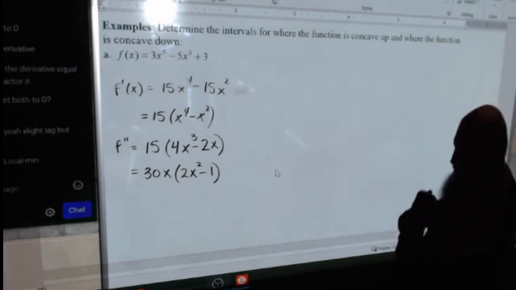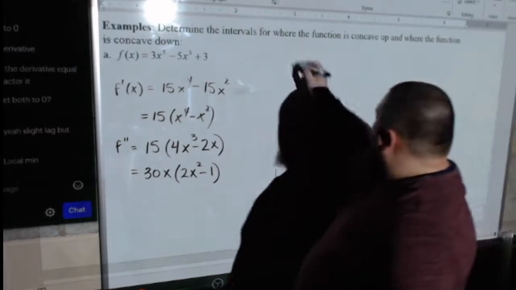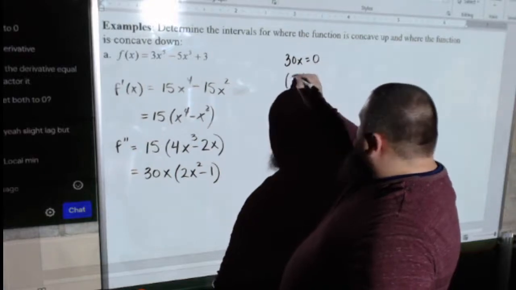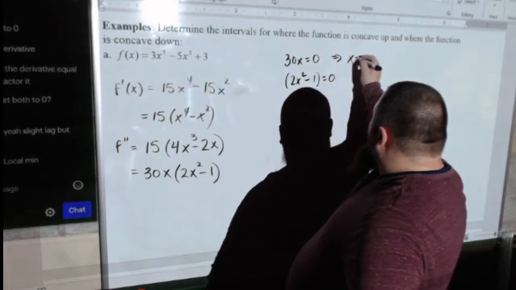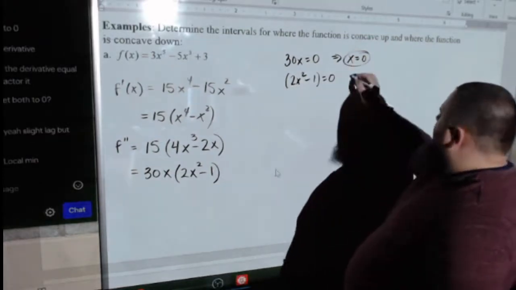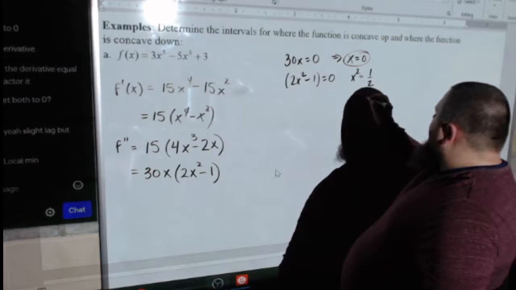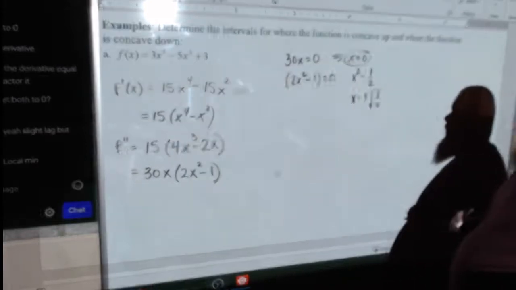I need to then set that to 0. So that means 30x could be 0, or 2x squared minus 1 could be 0. This is pretty clearly going to give me x equals 0. This one's going to give me x squared equals 1/2, or x equals plus or minus the square root of 1/2.